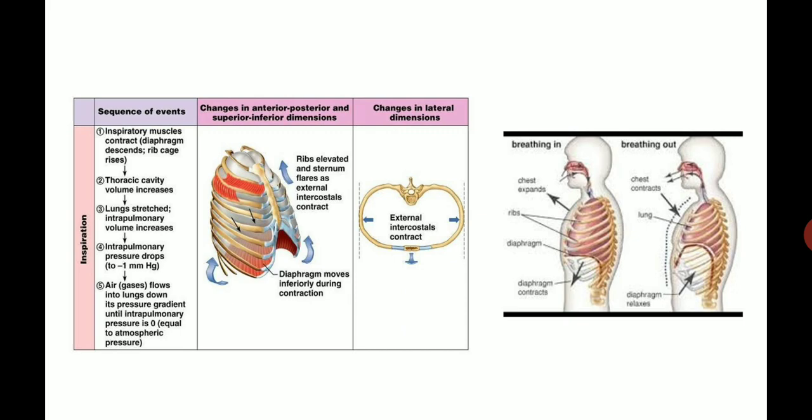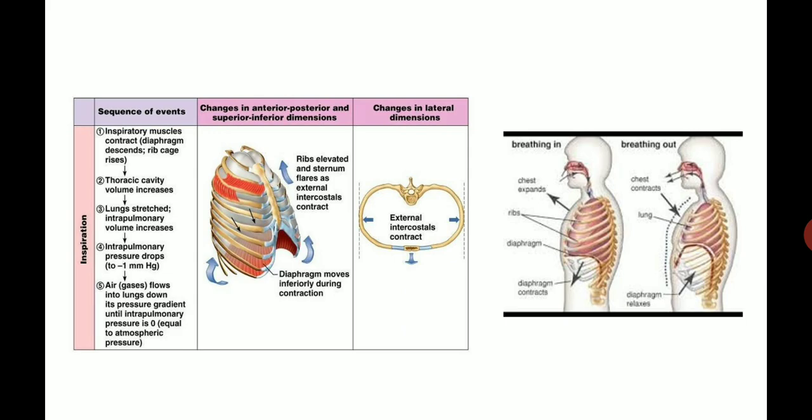Both are interrupted by a very short respiratory pause. In normal adults, the breathing rate is 12 to 18 breaths per minute. A newborn breathes 60 times per minute. A slight increase in the carbon dioxide content in blood also increases the breathing rate.